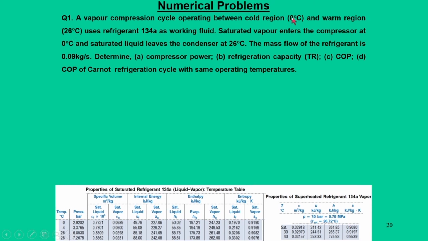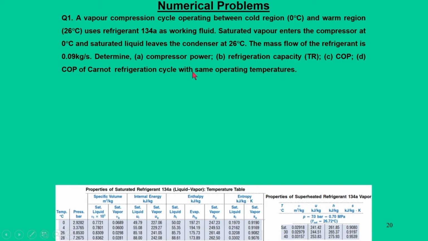For example, you require the temperatures 0 degree and 26 degree centigrade, and in some situations you also require the superheated data when you deal with the compressor. That is the reason we have to use the data table from the book.